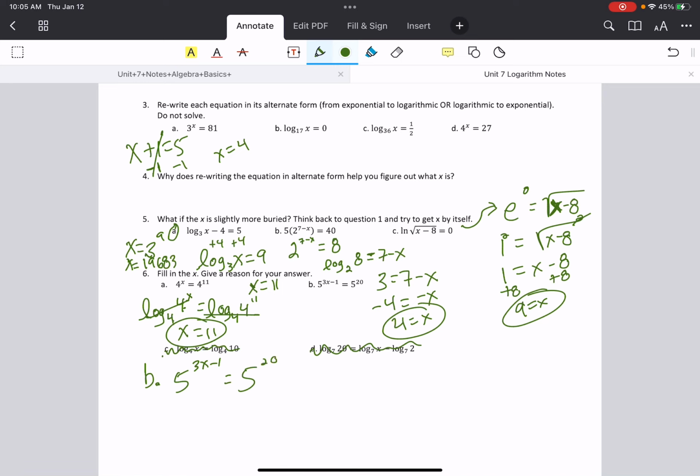Okay, let's try another one here. How do I get the x down? The only way to get the x down is to cancel that 5 exponent, right? So I have to use a log. What log base should I do? Good.